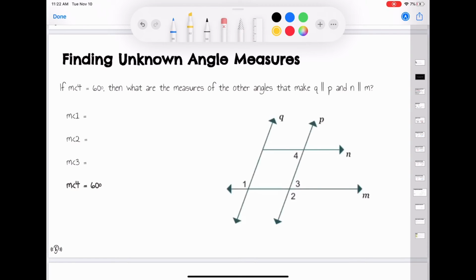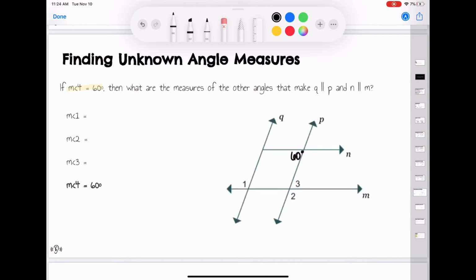This problem states, if the measure of angle 4 is 60 degrees, then what are the measures of the other angles that make up P is parallel to Q and N is parallel to M? Well, we have been told that angle 4 is equal to 60 degrees, so we can substitute 60 degrees.